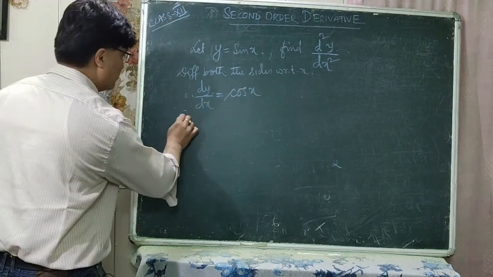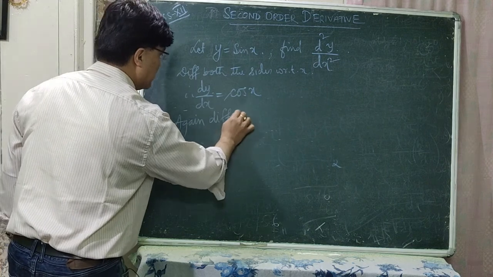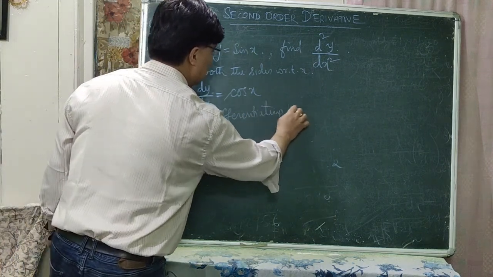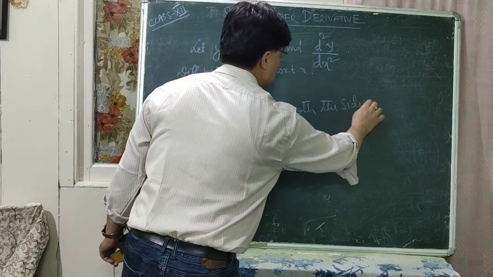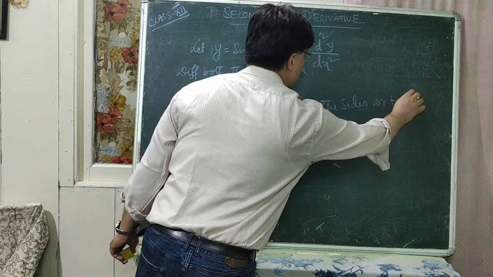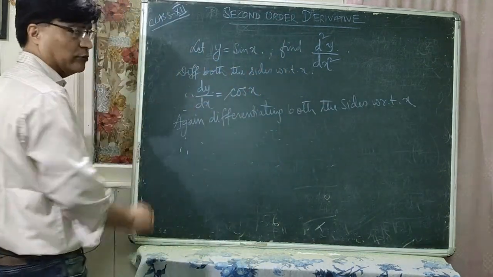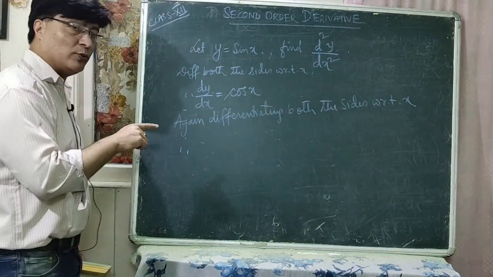Again differentiate गर्छौं. So again differentiating both the sides with respect to x. Okay, तो यसलाई फेरि हामी डिफरेन्सिएट गर्छौं. dy by dx लाई फेरि डिफरेन्सिएट गर्छौं with respect to x.